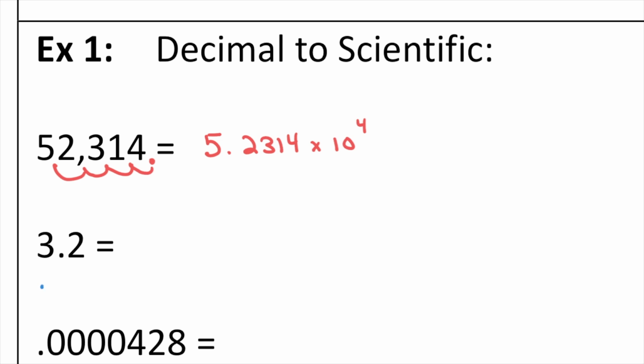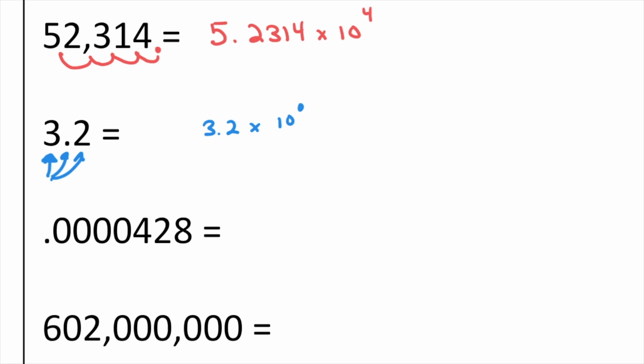As I look at example 2, notice I have my number 3, my decimal, something following, but I do not have times 10. So in order to rewrite this problem, we're going to write 3.2 times 10 to the 0 power. Now it's in scientific notation. This next number looks small, so I'm going to move the decimal 1, 2, 3, 4, 5 spots to get the decimal in the right position: 4.28 times 10.